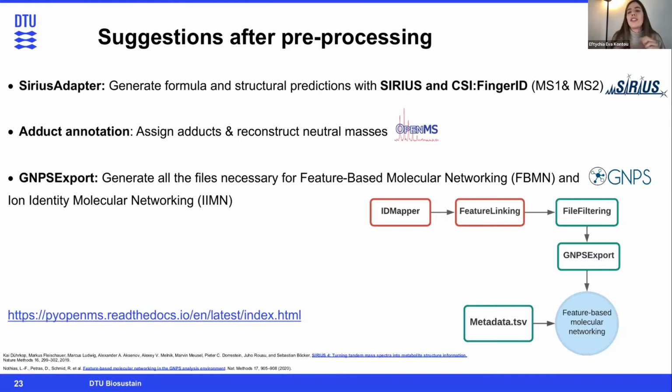Cool. And then GNPS export will cluster all the MS2 information in a single MGF file. And that's one of the required files to submit your job in GNPS, as well as a feature quantification table in a TXT format that's also generated from that algorithm.